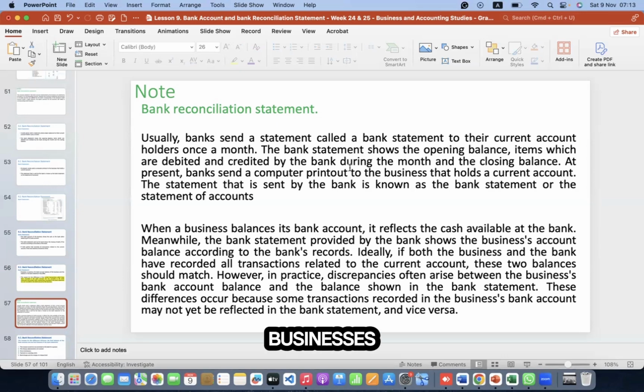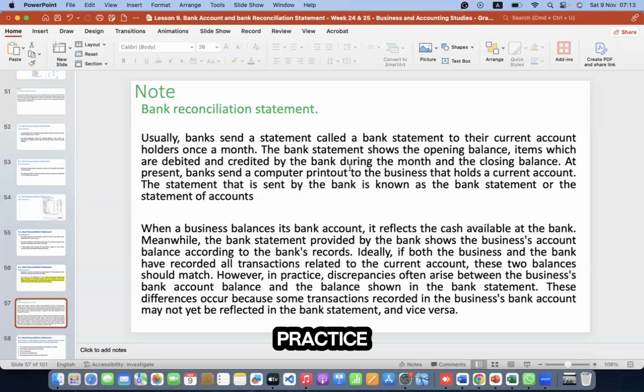When a business balances its bank account, it reflects the cash available at the bank. Meanwhile, the bank statement provided by the bank shows the business account balance according to the bank records. Ideally, if the business and the bank have recorded all transactions related to the current account, these two balances should match.